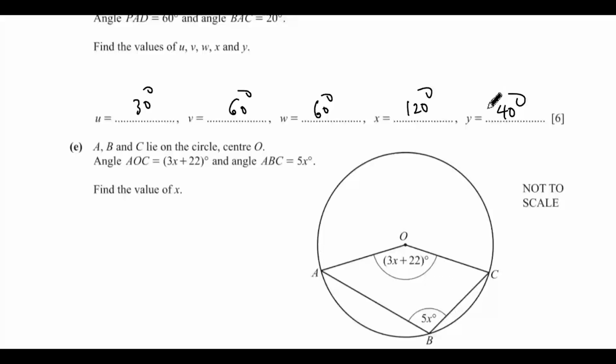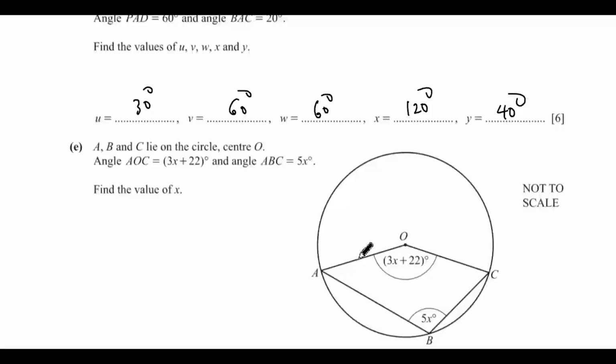In the last question here, A, B, and C lie on the circle center O. Angle AOC, which is this, is given as 3x plus 22, and angle ABC is given as 5x degrees.